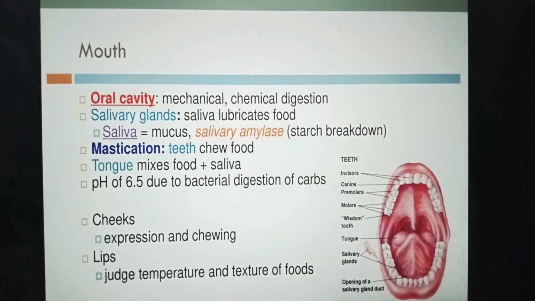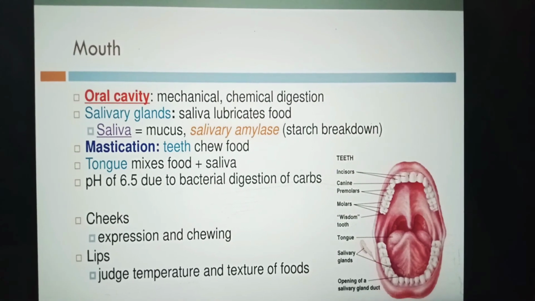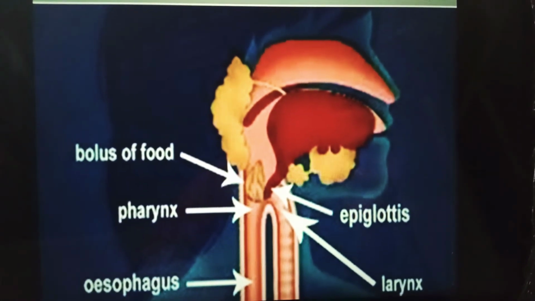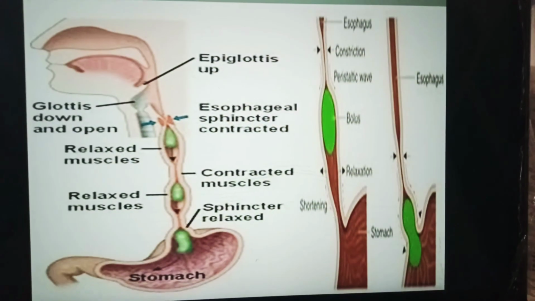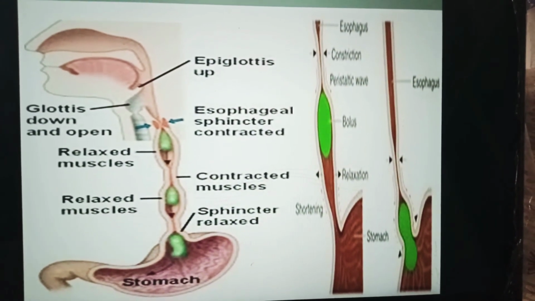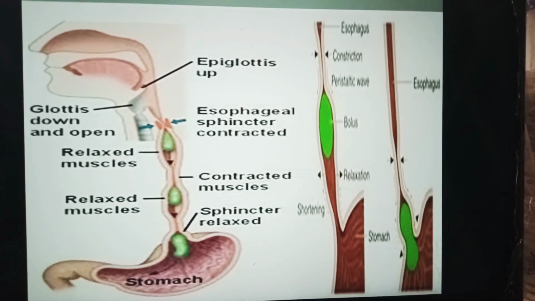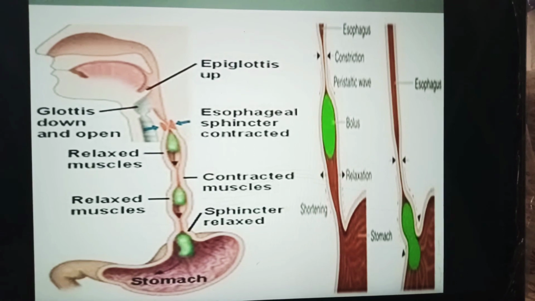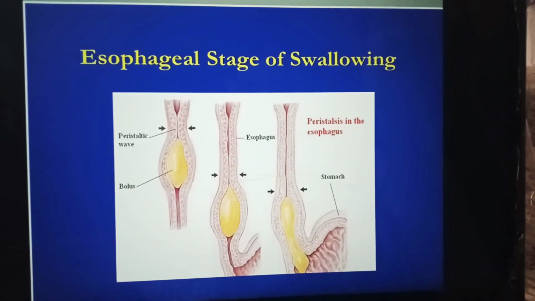The digestion in the mouth, involving the oral cavity, mastication, and the movement of the bolus in the stomach by muscle contraction and relaxation and peristalsis, and the esophageal stage of swallowing.